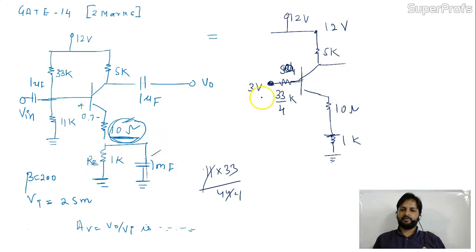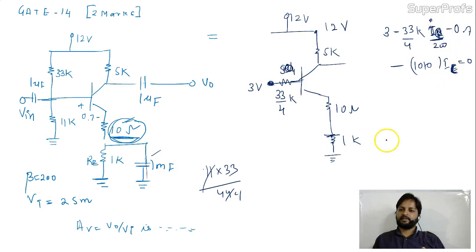Here beta is also given. I'll apply the KVL in the input mesh. So 3 minus 33 by 4k of IB minus 0.7, and here I am having 10 and this 1k, so 1010 of IE, is equal to 0. Is it correct? So this IE I can write as IC, no problem at all. This IB I can write as IC divided by beta, which is 200.